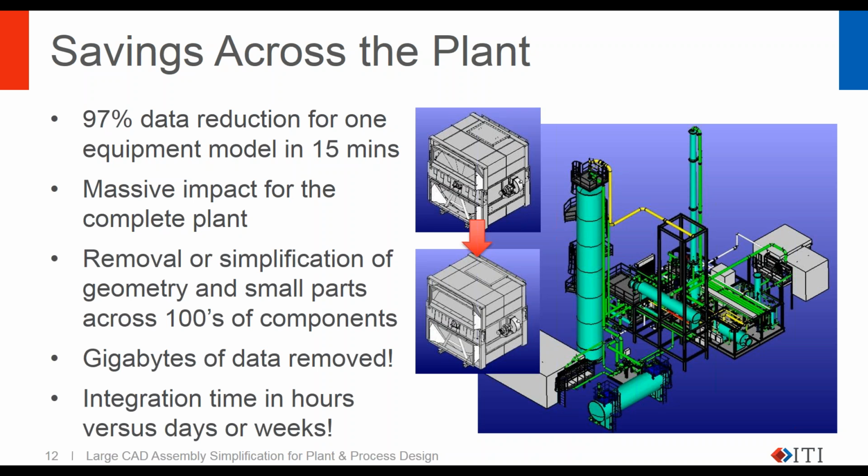If we extrapolate from just one equipment assembly to the entire plant, then we're looking at saving potentially gigabytes of data that have to be moved around the system, imported and exported into different systems, and possibly hours of integration time versus days or weeks trying to play around with the big models.